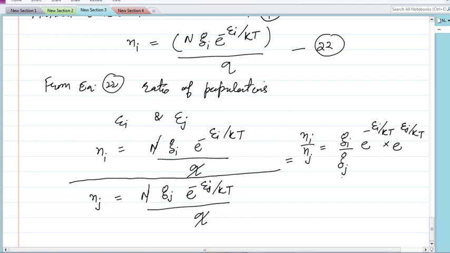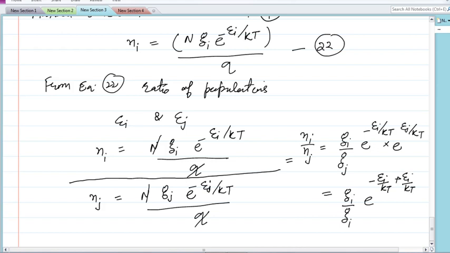Bases are the same, so powers will simply be added, minus ei upon kt plus ej upon kt.